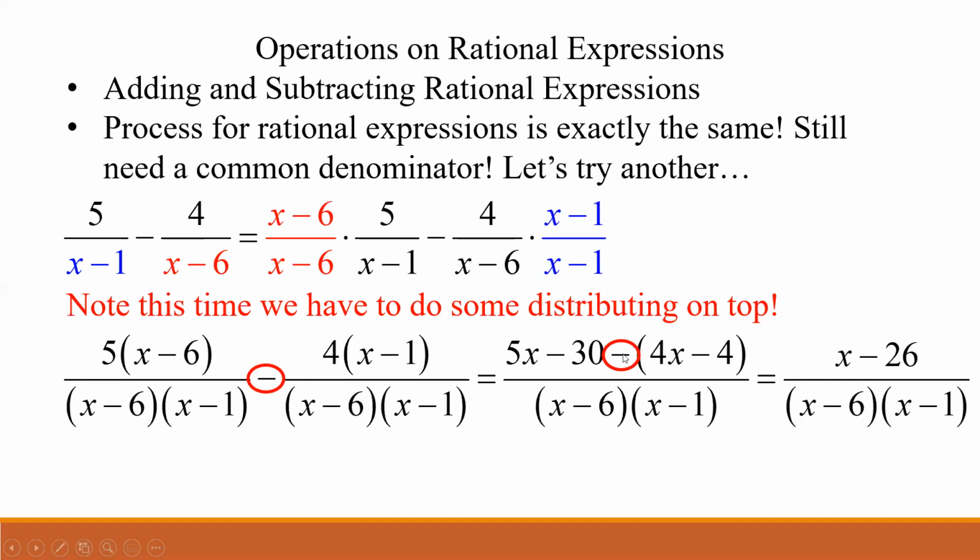But when you combine the terms, this last step to get it cleaned up, we have 5x minus 4x, so that's just x, and then -30 plus 4, which would be -26. Don't forget back in the last unit when we were adding and subtracting polynomials, watch those signs. So that last box there would be your final answer.